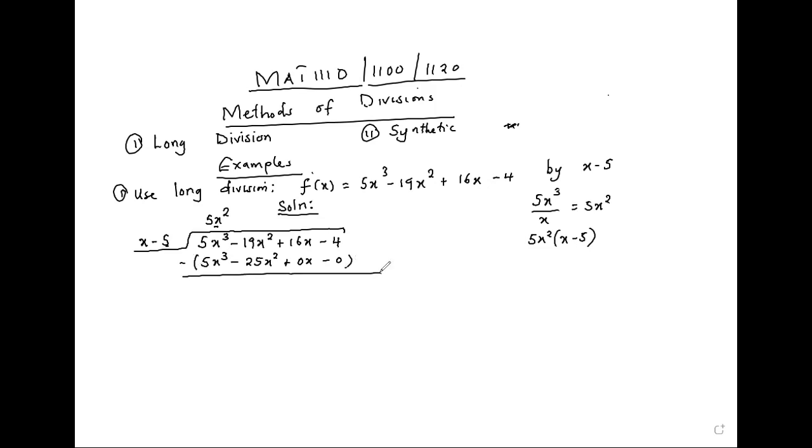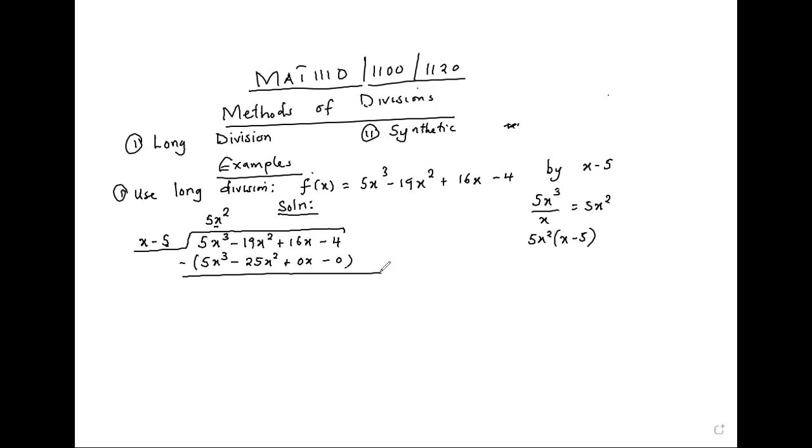So we are subtracting those two, the one that we have generated from the dividend. So we have 5x power 3 minus 5x power 3. That is 0 there. Don't write anything. We go to negative 19x squared minus 25x squared. So because of the minus, that becomes a plus.